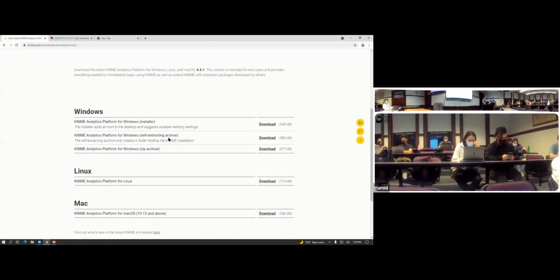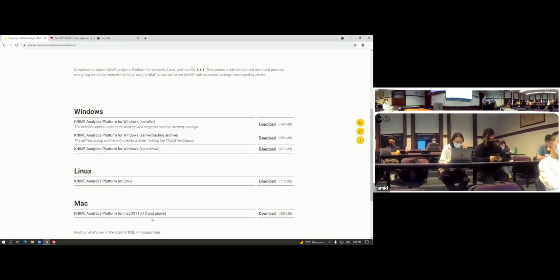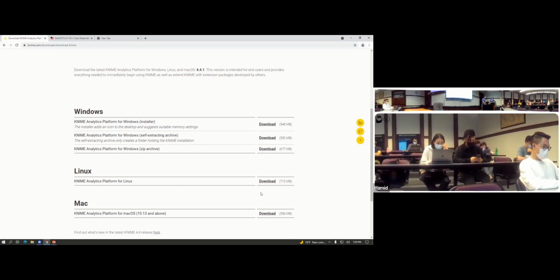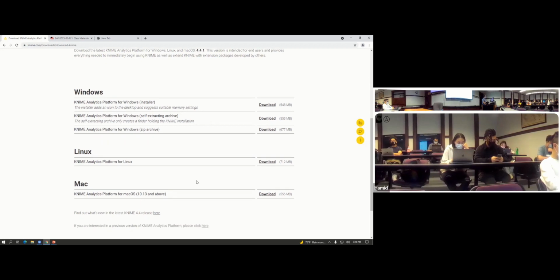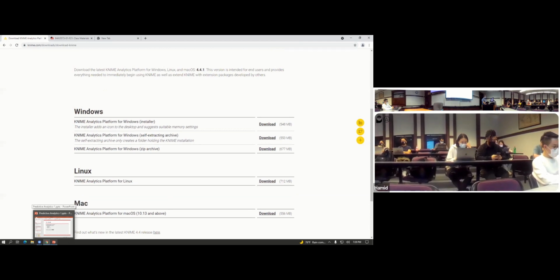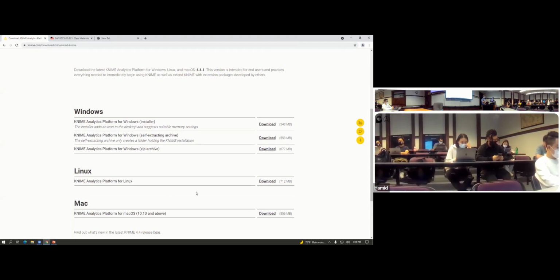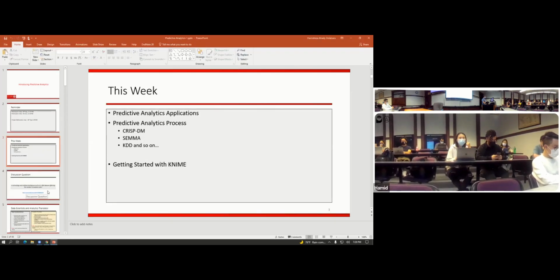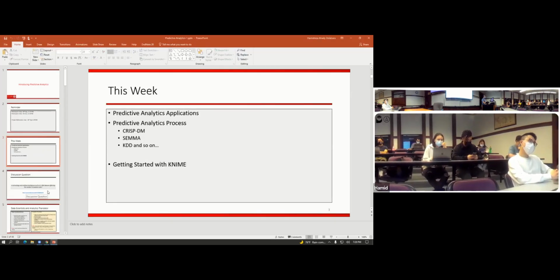Just download the installer one. I'm using Mac, or Linux, but you may have other issues with the other versions. So download and install shouldn't be very difficult. Just after download, press next and install the software. So next class, when I go for hands-on experiences, you can follow me.